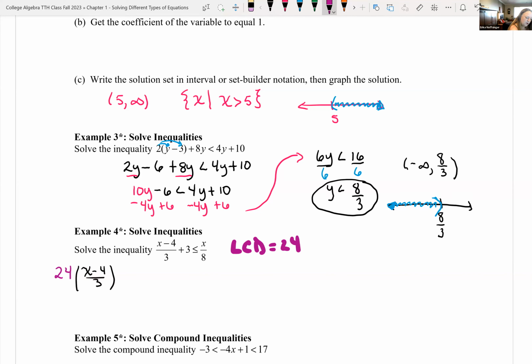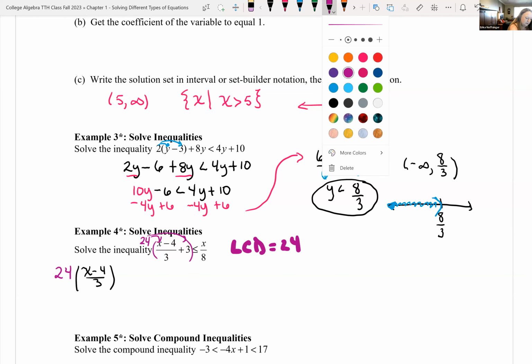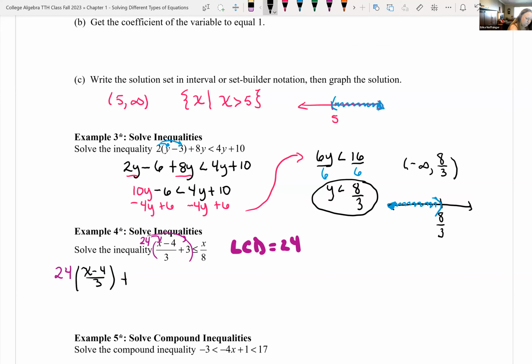I'm technically multiplying this on both sides, so I have to distribute that 24. So then I would have plus 24 times 3 is less than or equal to x times 8, and I have to multiply 24 on this other side of the inequality.